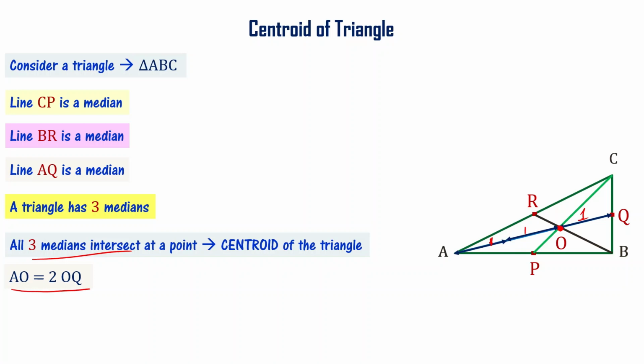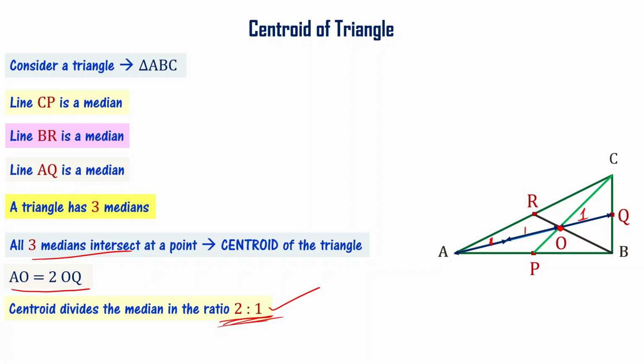It means the centroid divides the median in the ratio of 2:1. Please note this. మనం ఓన్లీ AO లెంత్ OQ లెంత్ చూసి చెప్తున్నాం, బట్ అదర్ మీడియన్స్ చూసినా కానీ ఈ స్టేట్మెంట్ అయితే కరెక్ట్. Centroid divides the median in the ratio 2:1. Please note this. ఇది చాలా ఇంపార్టెంట్.